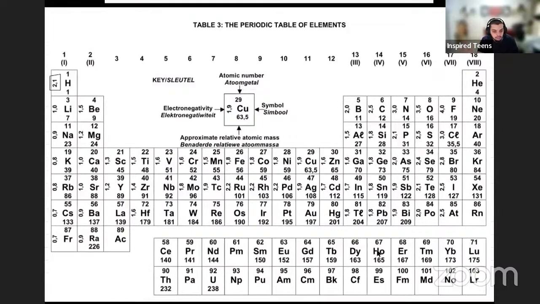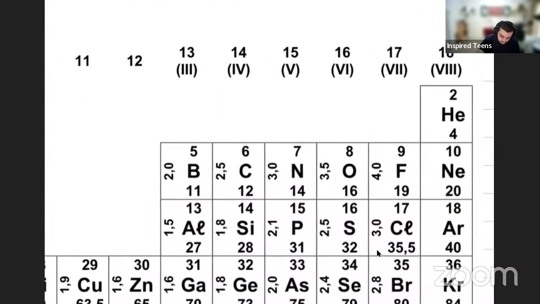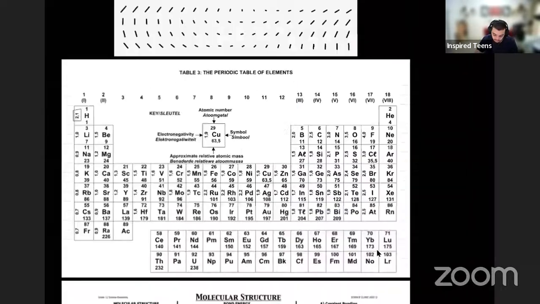So if we want to determine it, we can use the Roman numeral groups. For example, let's talk about nitrogen. We can see that nitrogen has 5 valence electrons because it's in group Roman numeral number 5.